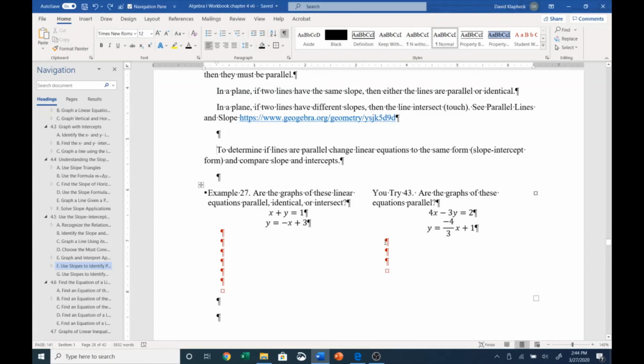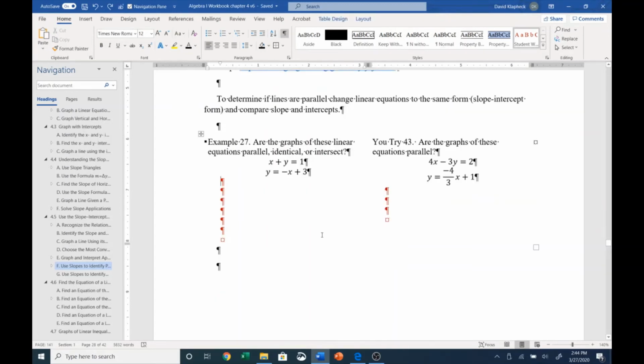Now we don't want to graph and eyeball each pair of lines. So to determine if lines are parallel, we can change the linear equations to the same form and compare their slopes and intercepts. In example 27, are the graphs of these linear equations parallel, identical, or do they intersect? You can pause here and try it on your own.